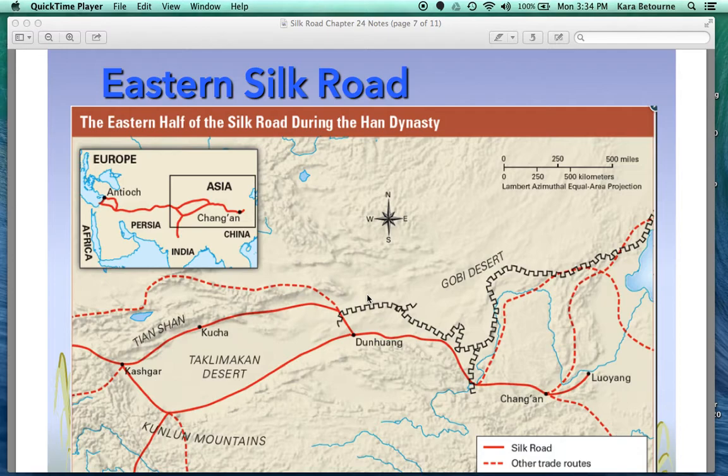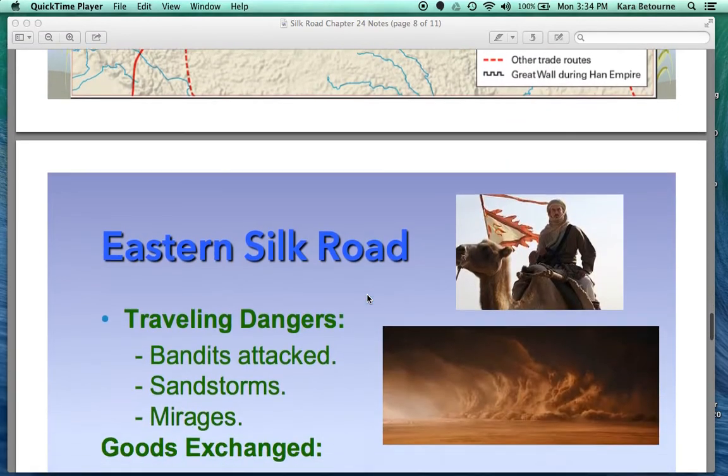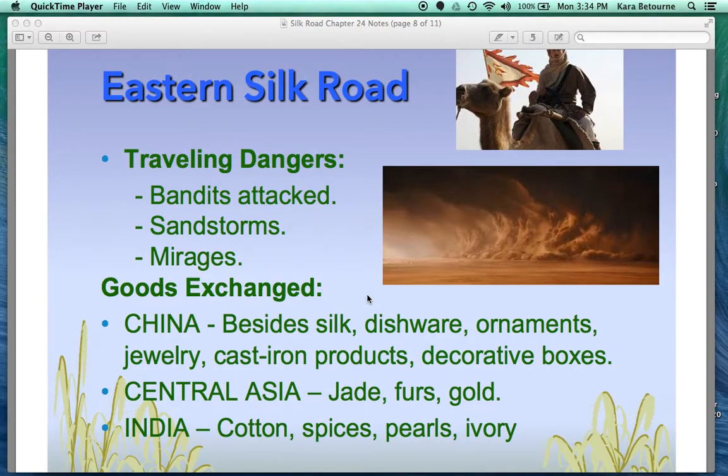Since it was such a large network of trading routes, we're going to split it up as well. The Eastern Silk Road looks a little like this, with some specifics about it here. You might want to pay attention to these traveling dangers because you might want to make your business or invention for Shark Tank related to these dangers and how you could protect yourself. So keep that in mind.